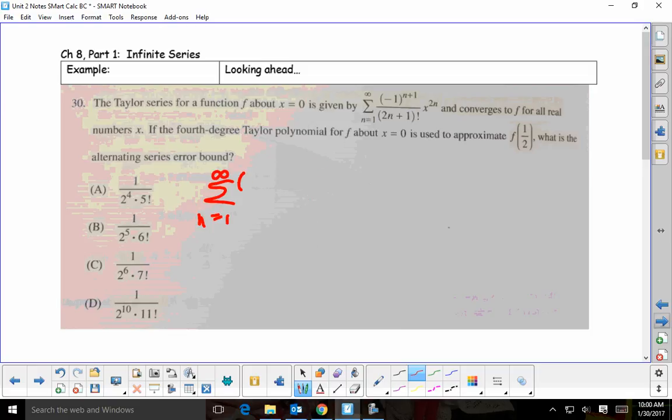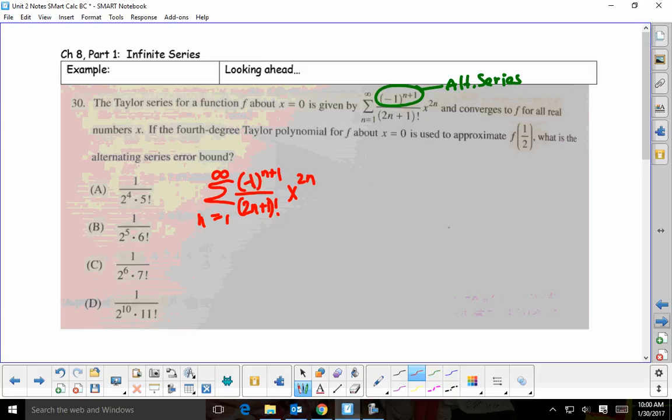Do you see that it's an alternating series first off? What tells me alternating series? Right here I can see that I have an alternating series. When I have x's in it, it's actually going to be a power series.